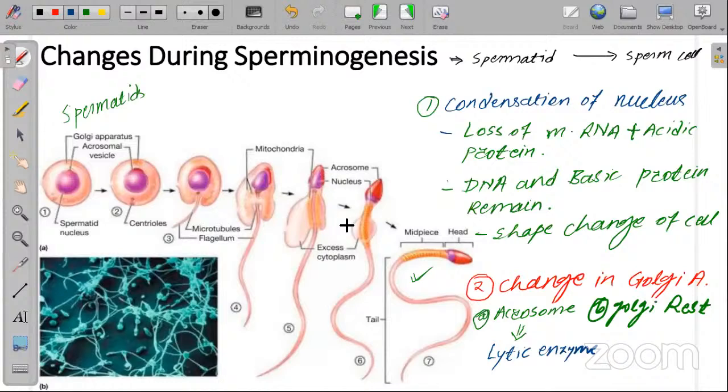Okay, and this acrosome is present in the top part. Here you can see the acrosome. So it is useful in the process of fertilization. Okay, actually Golgi rest has no function. This is a smaller body. Acrosome is the bigger body. Okay, so this change happens in the Golgi apparatus.